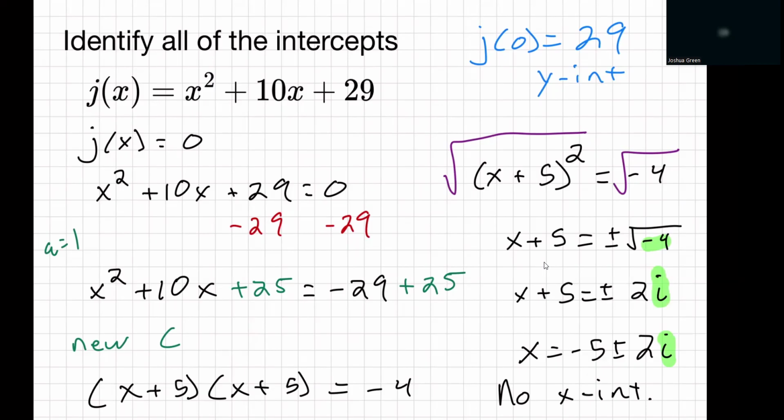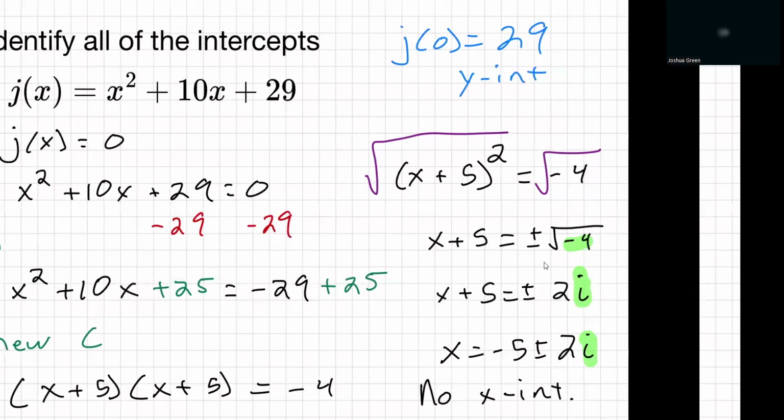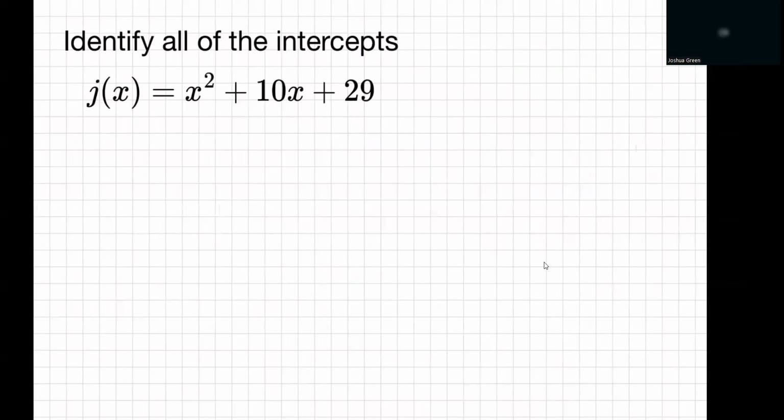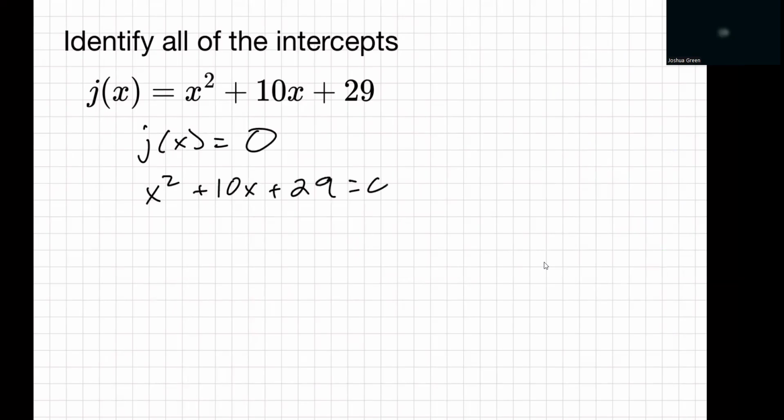All right. Now, to make sure I show it, as I mentioned, when you're dealing with x-intercepts, you could have used the quadratic formula. So we could set our function equal to 0. And then remember, we still need to be able to identify a, b, and c.